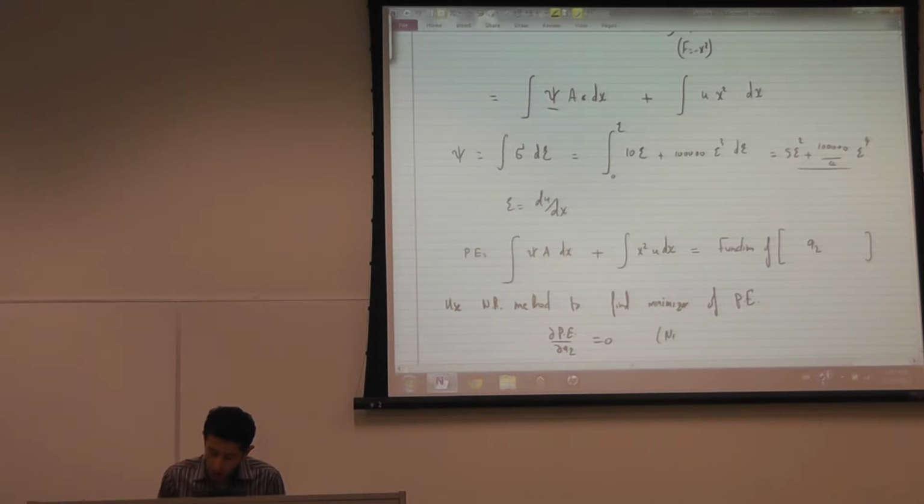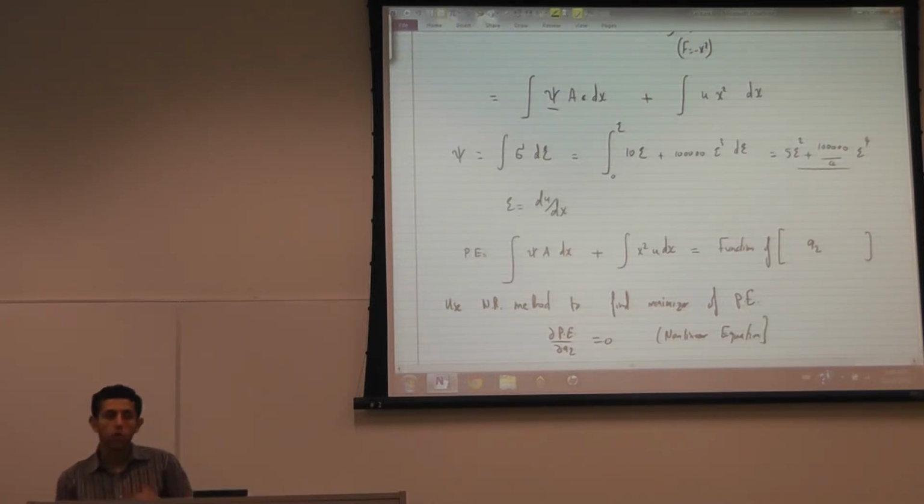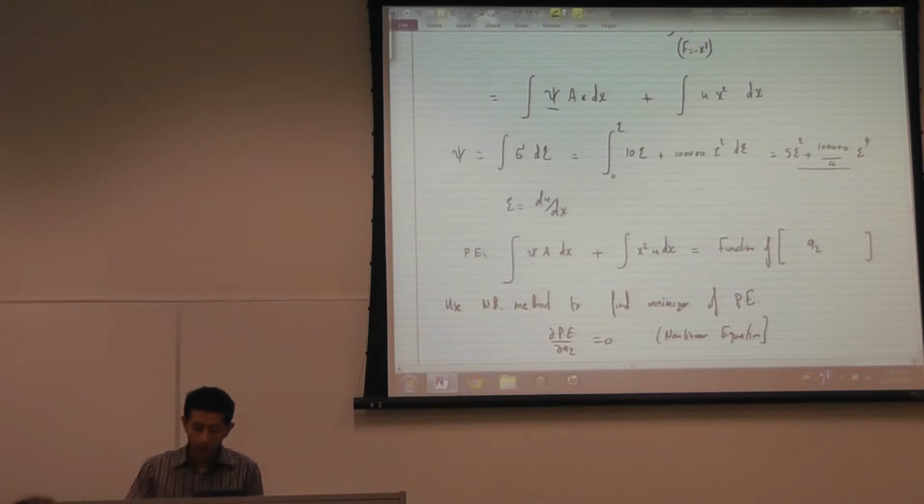This is a non-linear equation. To solve this nonlinear equation, I have to utilize the Newton-Raphson method and find the second derivative of the potential energy with respect to A2, and use the Newton-Raphson method.